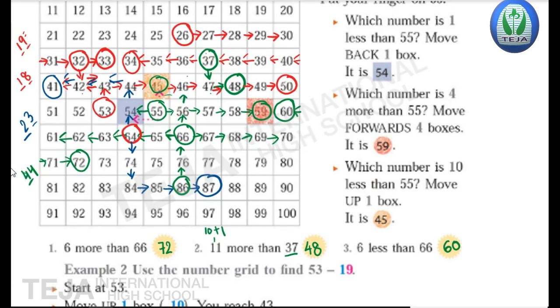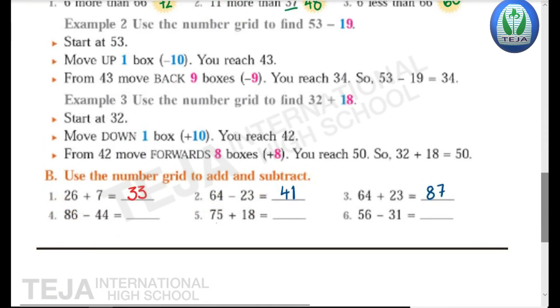So 4 boxes. So you reach 46. From 46 you have to move 4 boxes back as 4 is there in ones place. So 1, 2, 3, 4. So where did you reach? You reached 42. So here 86 minus 44 is 42. Write 42 in the blank.